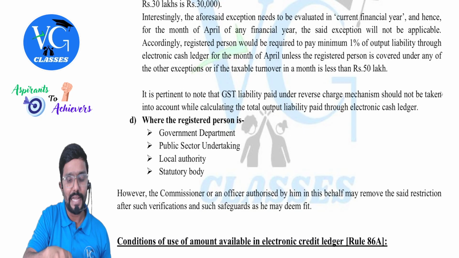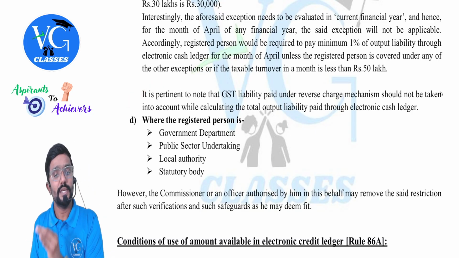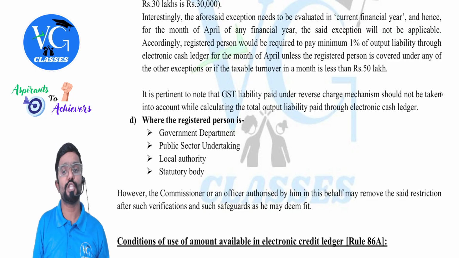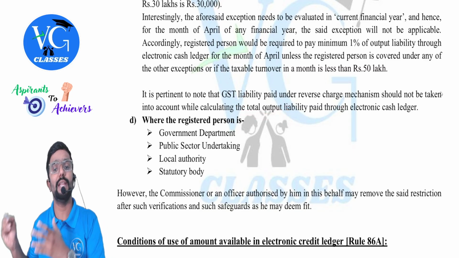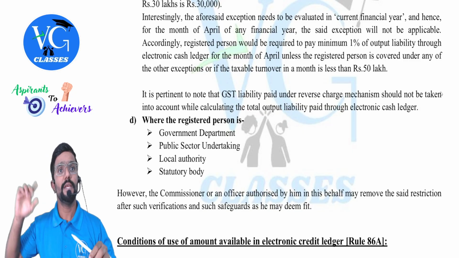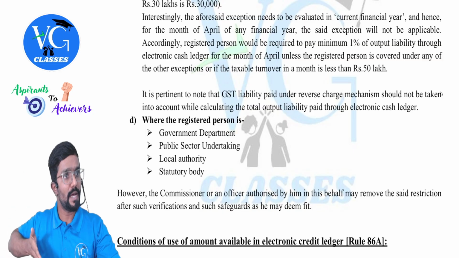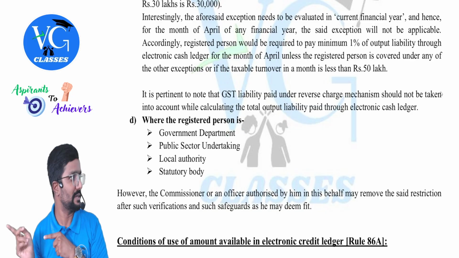So you can just read that line. I will cover it. It is pertinent to note that GST liability paid under reverse charge mechanism should not be taken into account while calculating the total output liability paid through electronic cash ledger, because even when RCM is applicable, I will pay input tax through what? Cash ledger.